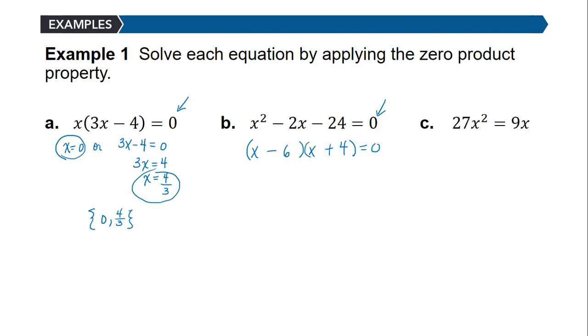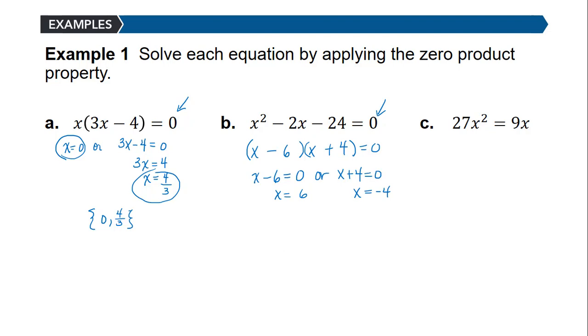Now we can apply the property that says the only way that's true is if one of those factors is 0. So either x minus 6 has to be 0, or x plus 4 has to be 0. Solving, we get x is equal to 6, or x is equal to negative 4. Now we can also check.